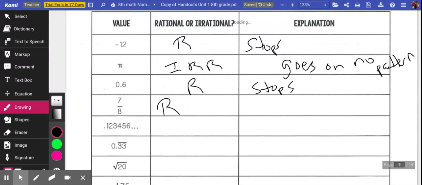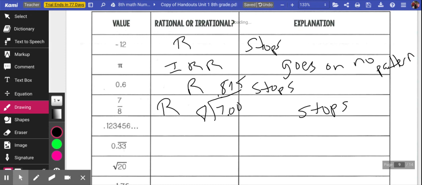And remember, if you don't have a calculator, you would do 7 divided by 8. Then you add a decimal and a 0. I think it's 0.875. So it ends up stopping and it doesn't repeat. So that's what they mean by it can be written as a fraction.